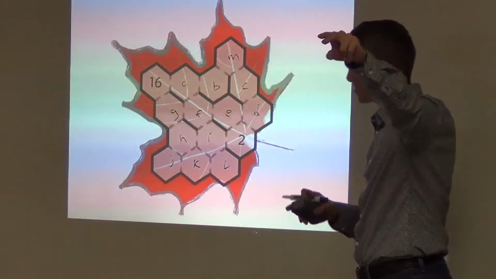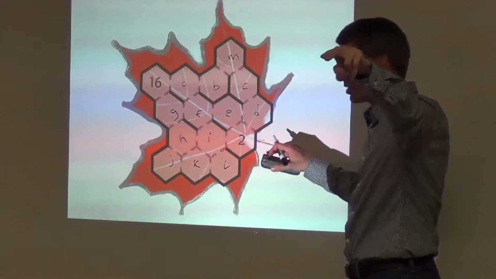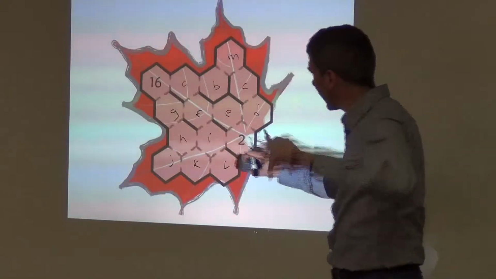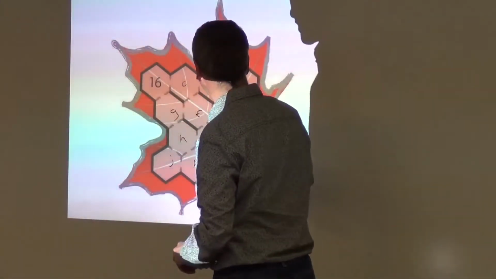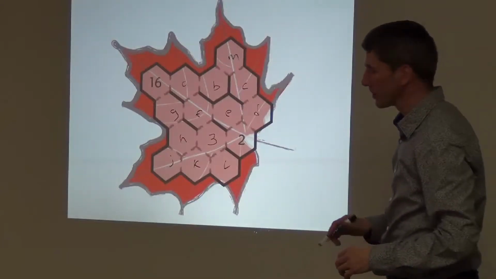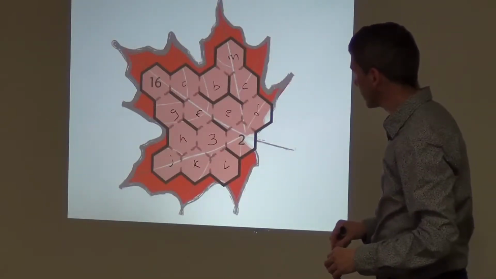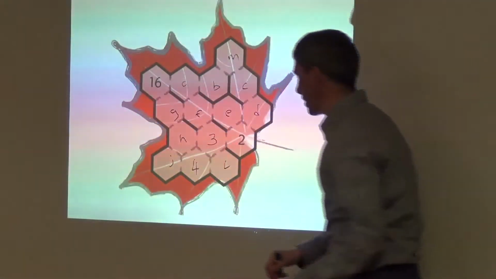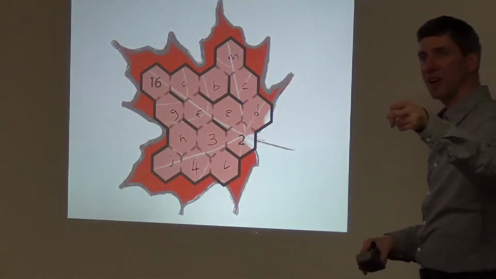Go ahead, Nancy. Where do you want number 3? I. Okay. And number 4. K. Okay. And number 5.